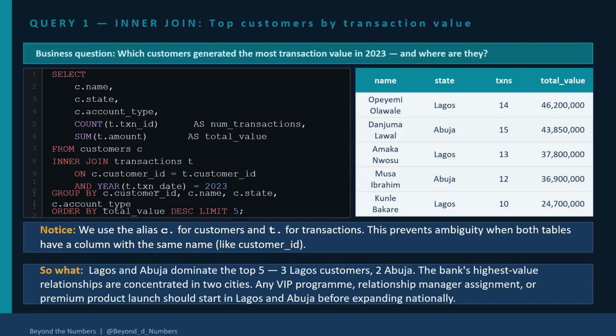Any VIP program, relationship manager assignment, or premium product launch should start in Lagos and Abuja before expanding to the other locations. So do not spread resources evenly. Follow the rule. Now you can see that you are thinking as a data analyst. You can advise your stakeholders based on the analysis you have done.